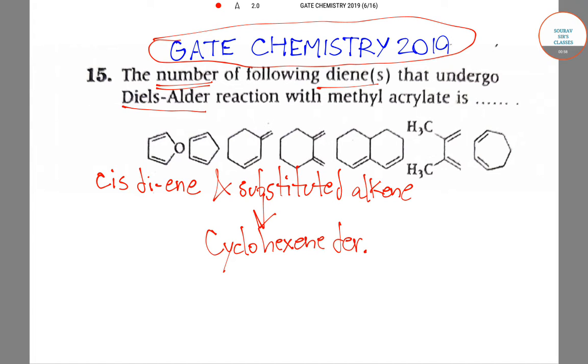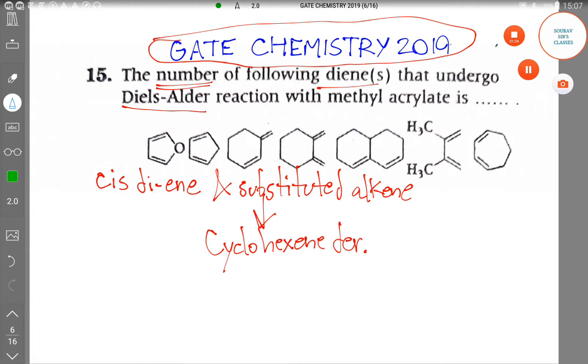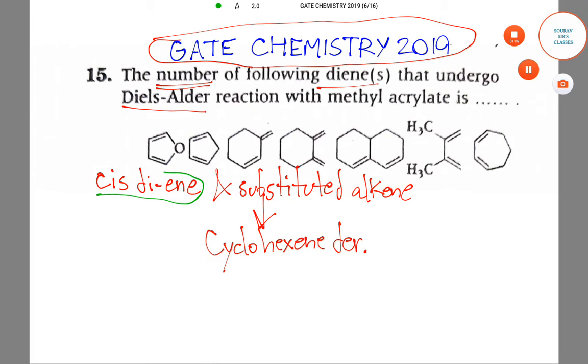It's important to note that only cis-dienes would give a Diels-Alder reaction.